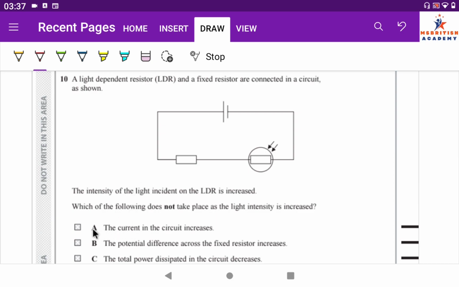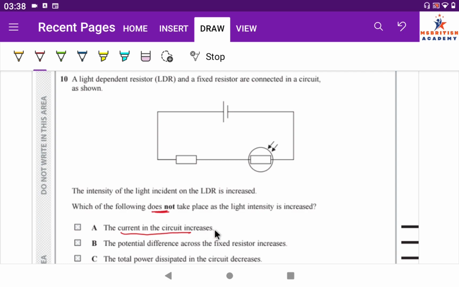So option A, the current in the circuit increases, and we have to mark the one that does not take place. But in an LDR, when the incident light intensity increases, the number of conduction electrons increases, and when the electrons increase, the current in the circuit increases.